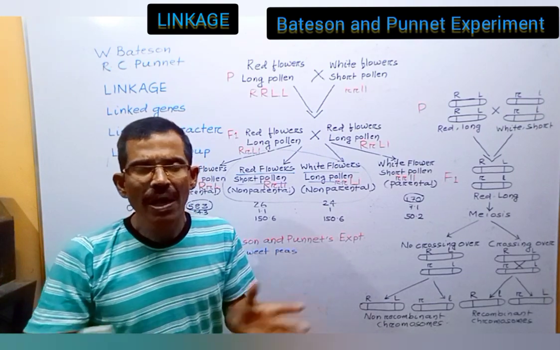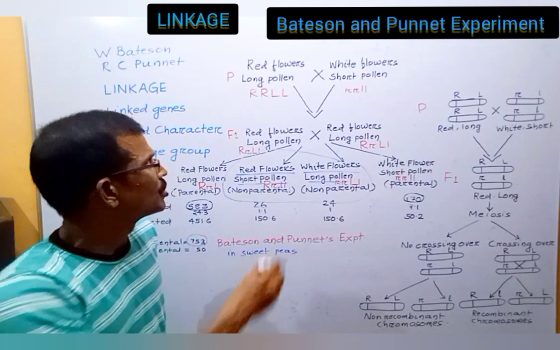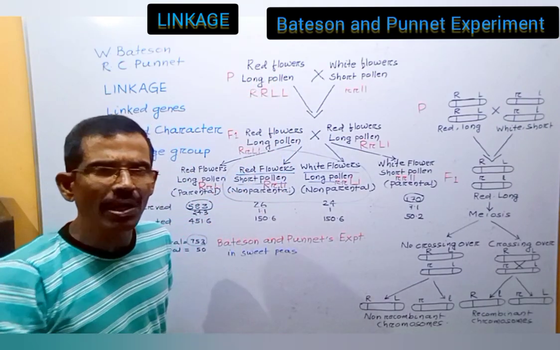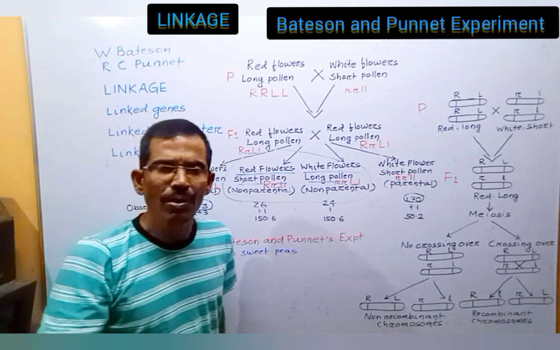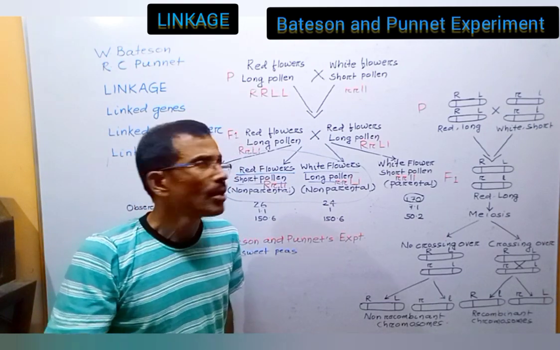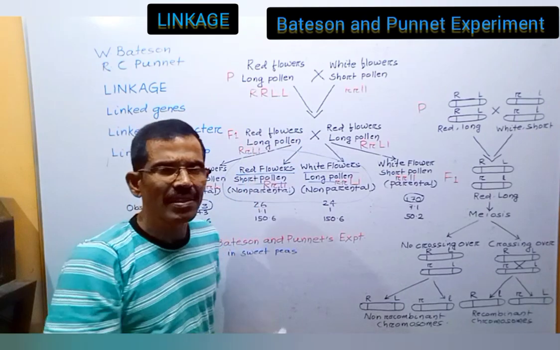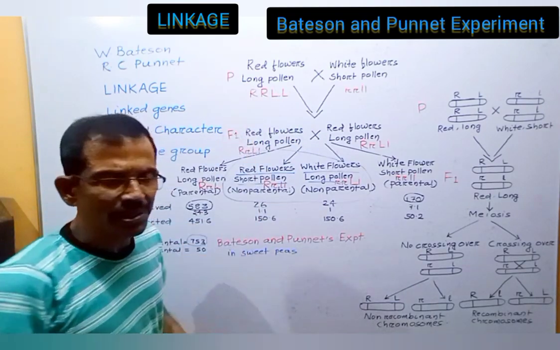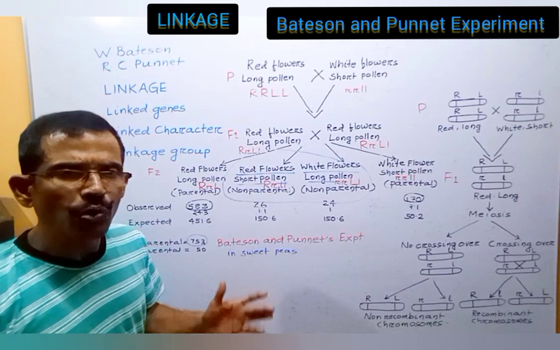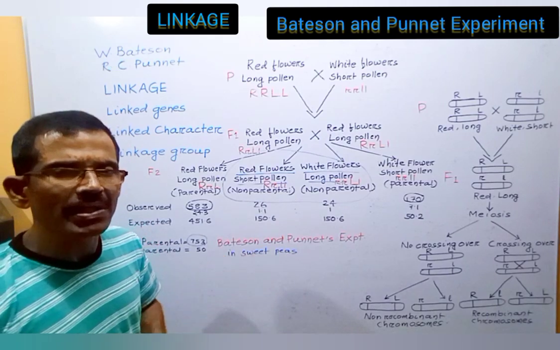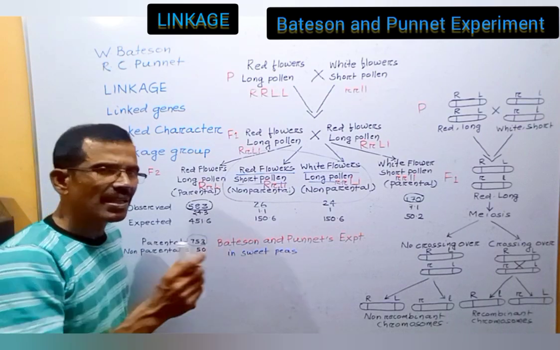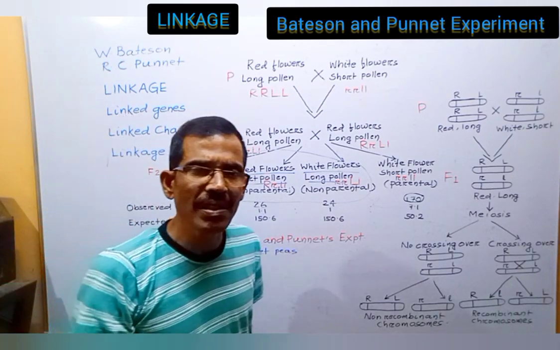The correct explanation is that the gene for flower color and the gene for length of the pollen grain are present on the same chromosome, so these two genes are linked. Because of this linkage, parental classes were significantly overrepresented, whereas non-parental classes were significantly underrepresented.